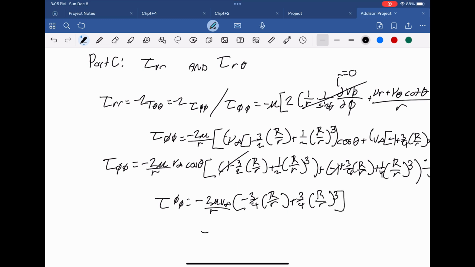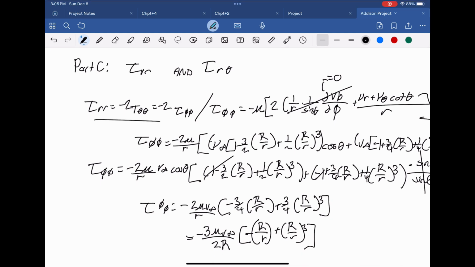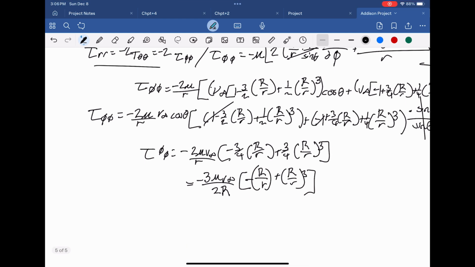And the cosine term disappears because, yet again, we can't have theta in the equation, but the reason that cosine theta disappears is because the angular velocity for the tau phi phi is going to be equal to 0, and cosine theta at 0 is going to be equal to 1, so that got taken out of the equation, leaving us with just our simplified equation down here for tau phi phi.